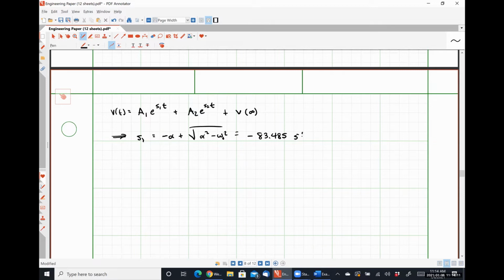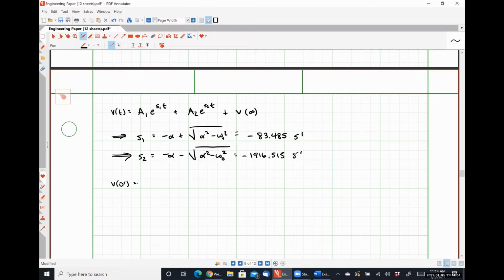Per second. S2 is negative alpha minus the square root of alpha squared minus omega naught squared, negative 1,916.515, in units of per second, because these represent the natural frequencies of the circuit, so they should have units of hertz or per second.